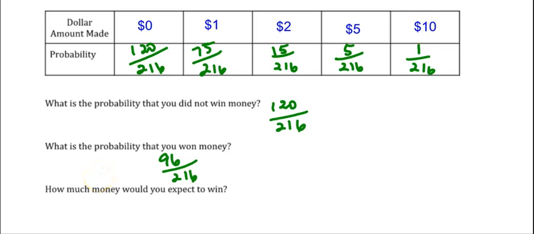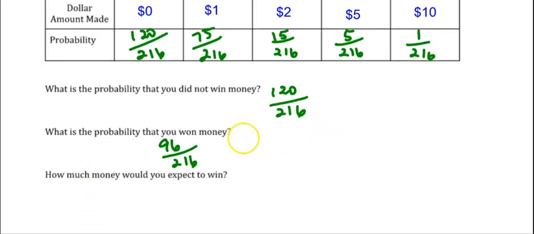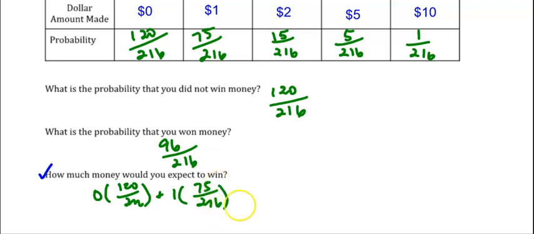So to determine how much money you would expect to win, multiply the probabilities by that amount. And we'll discuss more about this next class. But the long way, we'll show you the easy way, but the long way would be to do 0 times 120 over 216 plus 1 times 75 over 216 plus 2 times 15 over 216.